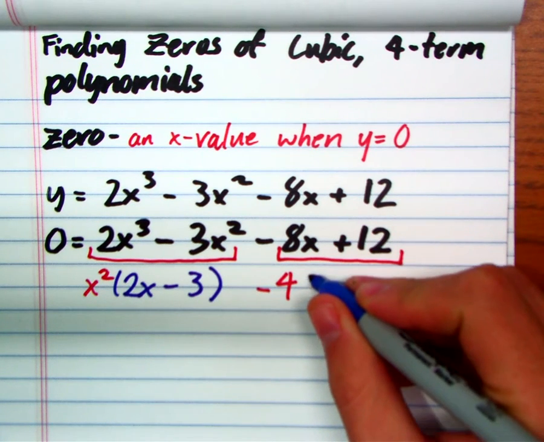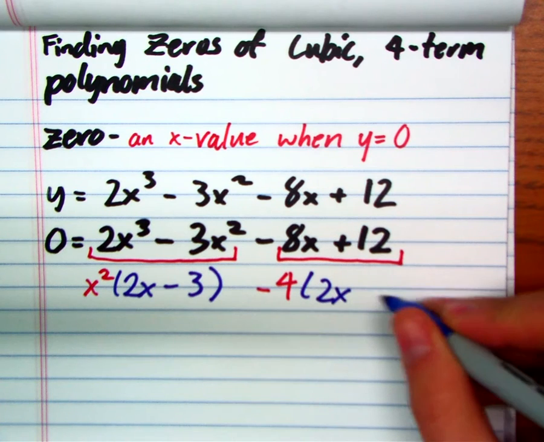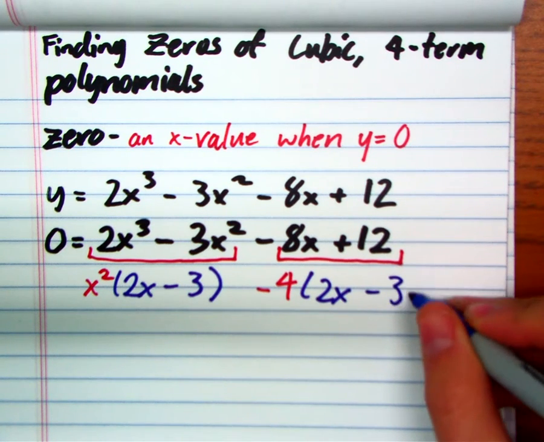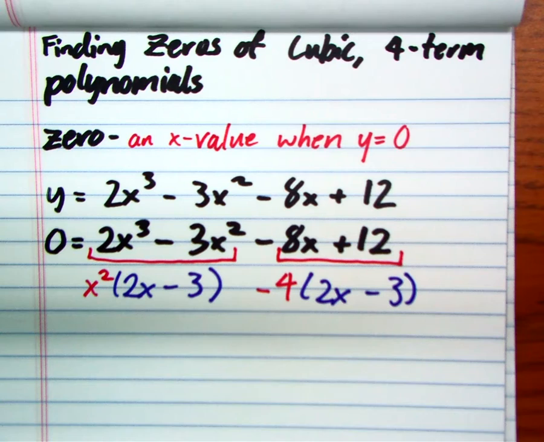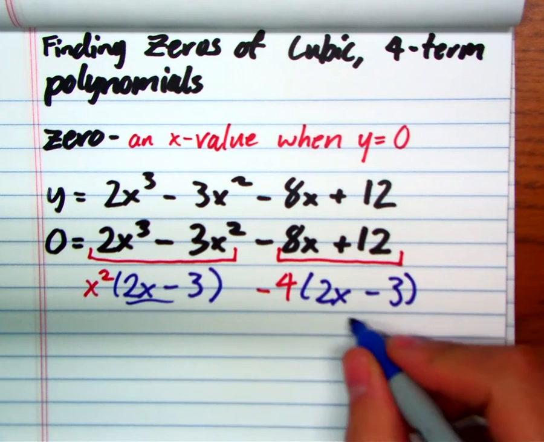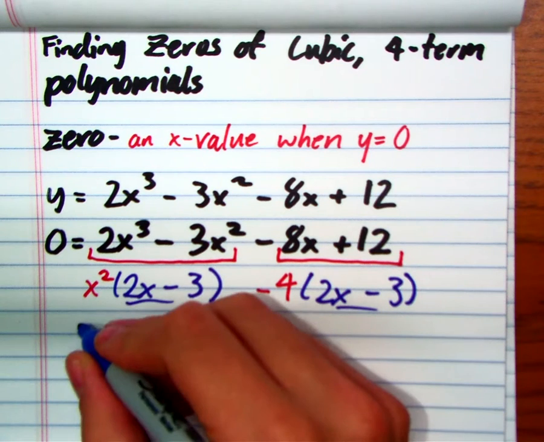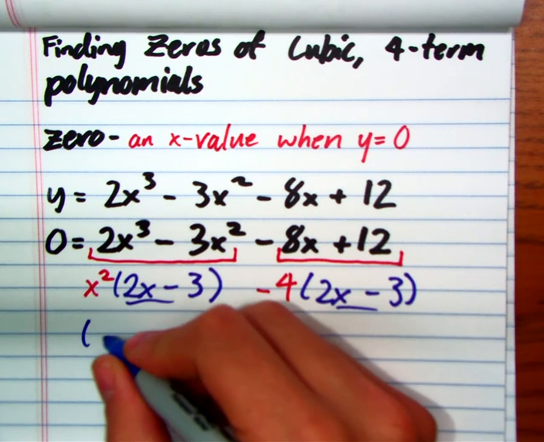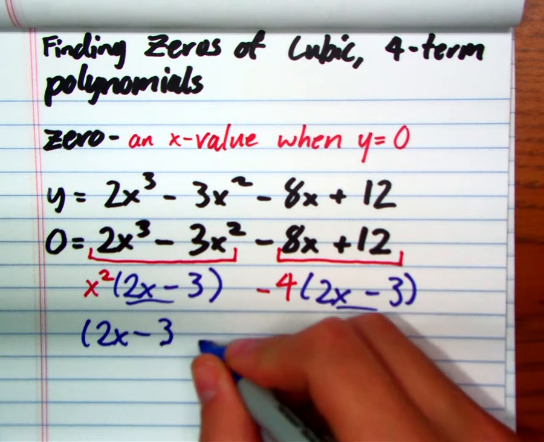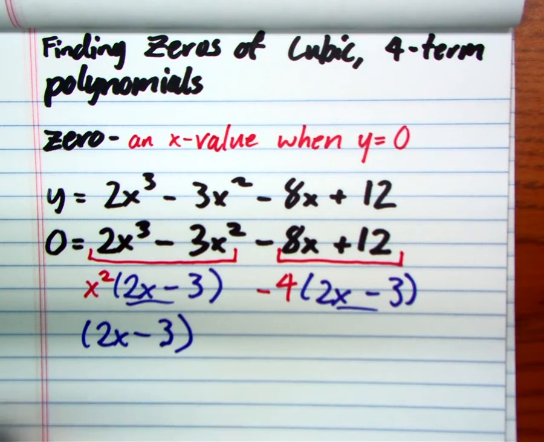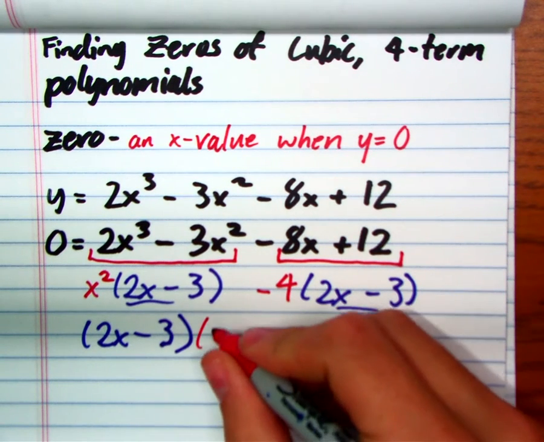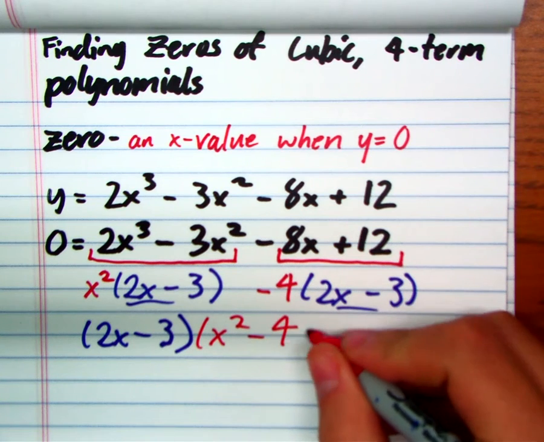And 2x minus 3 again. Okay, perfect. So I've got matching factors. Let's see. I'm going to bring the matching factor out to the outside. And then the leftover bits right here.